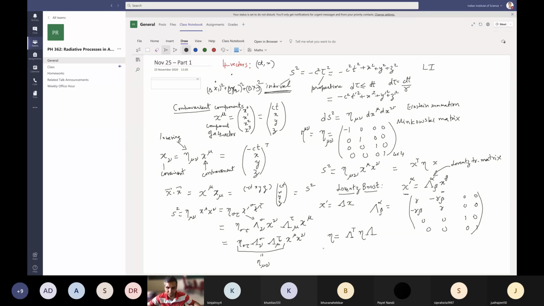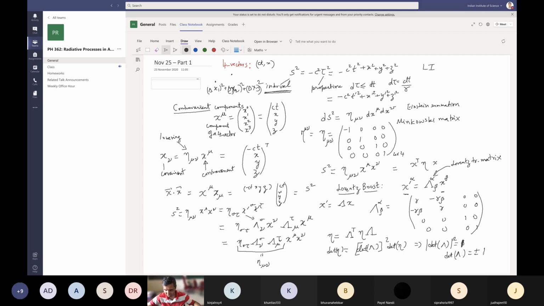So if you take the determinant of it, you get determinant of lambda squared times determinant of eta. So that means that determinant of lambda squared equals 1, or the determinant of lambda, this Lorentz transformation matrix, is equal to 1.